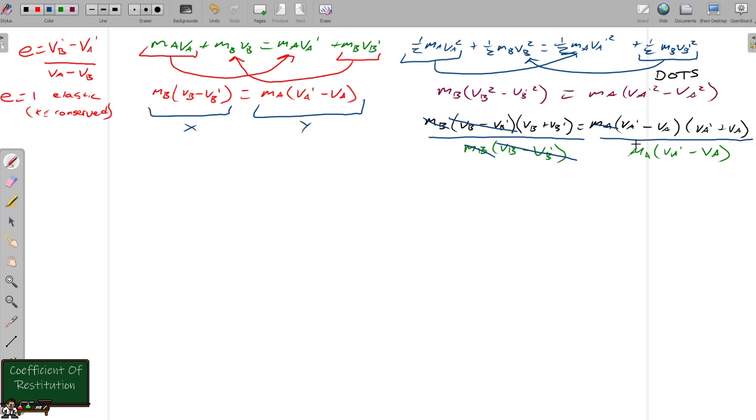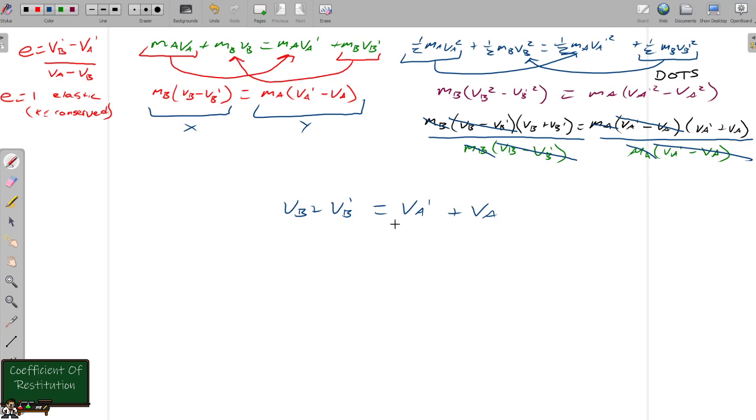We can cancel MA and VA prime minus VA. So that the equivalency that we're left with is VB plus VB prime equals VA prime plus VA.